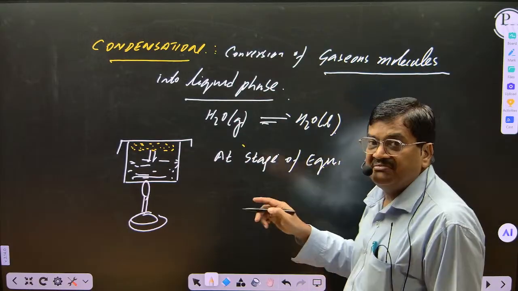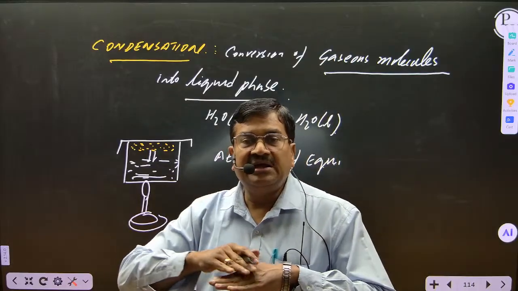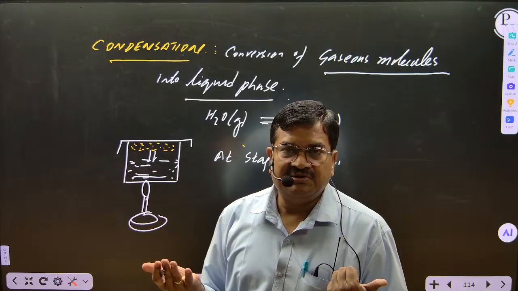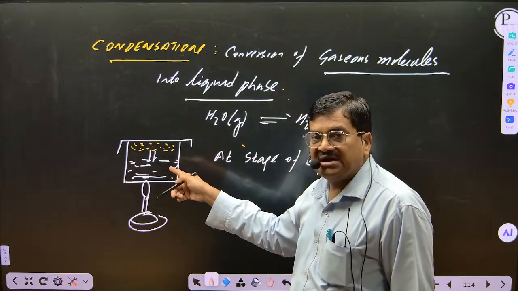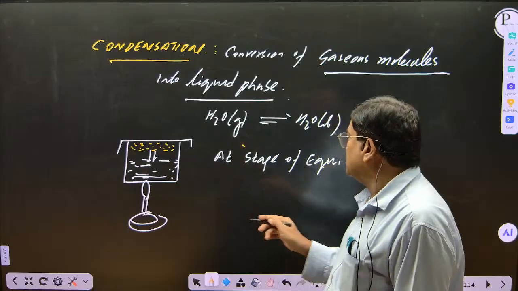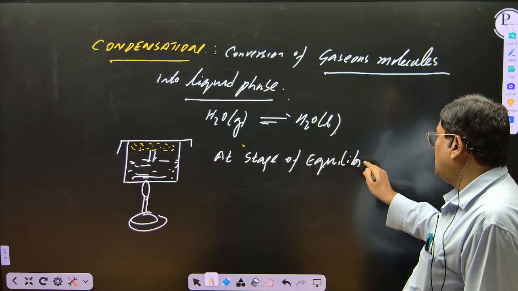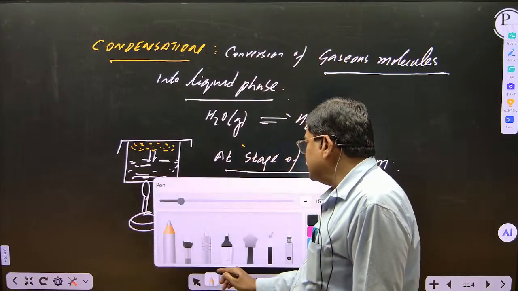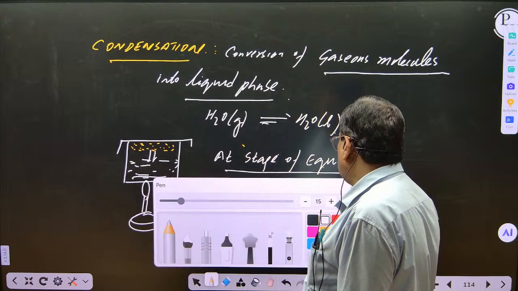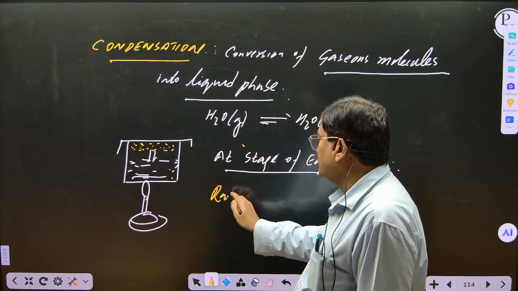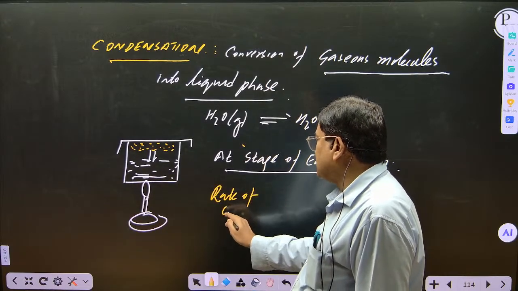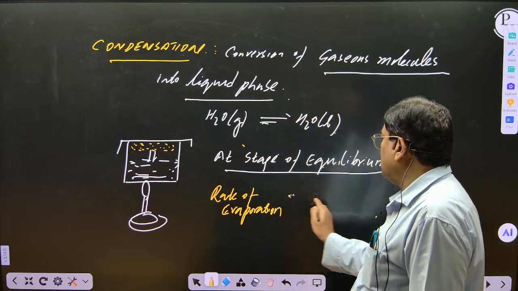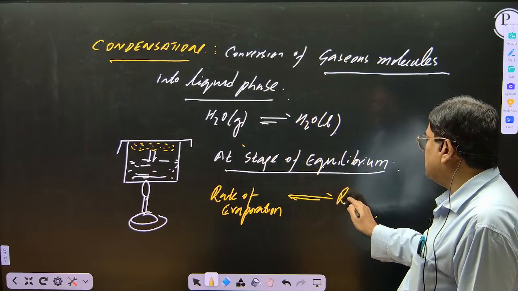So here you write, at the stage of equilibrium, when will equilibrium be established? Only when you cover with a lid. If you don't cover with a lid, there will be no existence of equilibrium. You remember, generally a reversible reaction is carried out in a closed vessel. So at the stage of equilibrium, the rate of evaporation will be equal to the rate of condensation. Here we can conclude, the rate of evaporation will be in equilibrium with the rate of water condensation.